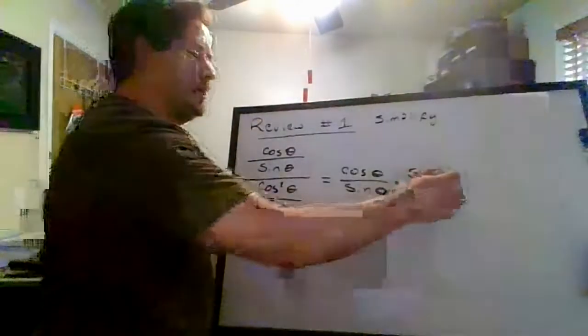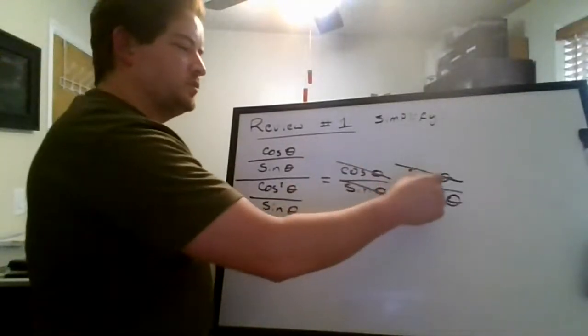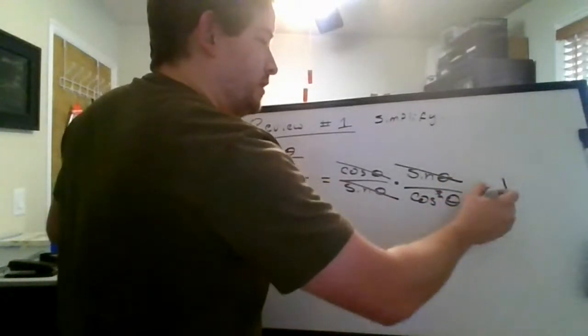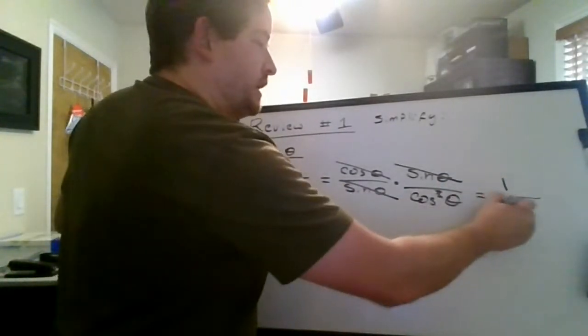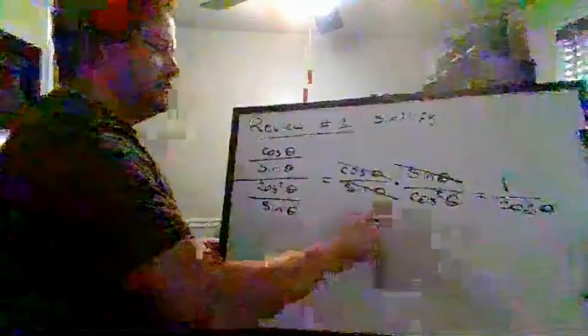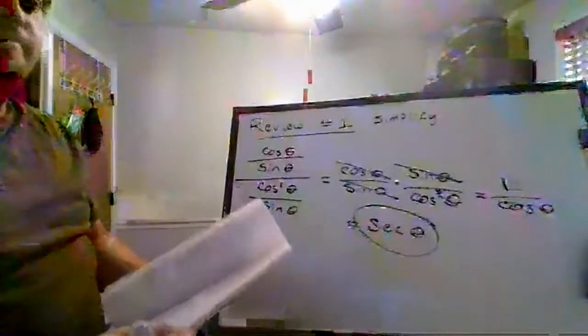And I can simplify: a sine in the numerator cancels a sine in the denominator. A cosine in the numerator cancels one of the cosines in the denominator. And so all I'm left with is a 1 in my numerator, a cosine in my denominator. 1 over cosine is secant. I believe that is the answer in the review. Yeah, it is.